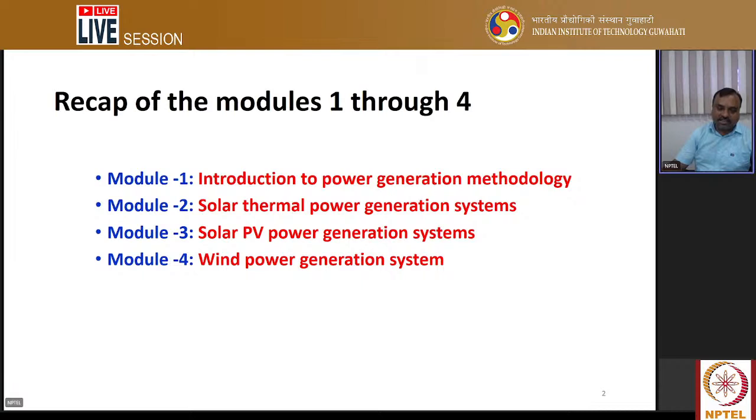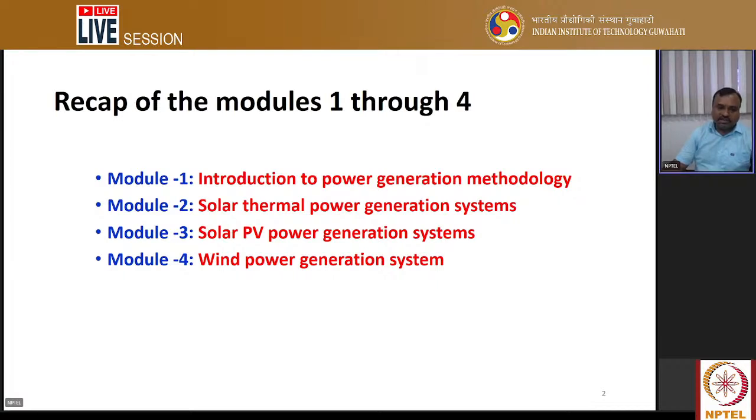Then organic Rankine cycle, the kind of organic fluid used in the cycle. Also, we have elaborated about the Rankine cycle and how this Rankine cycle and Stirling engines can be used for harnessing solar thermal energy.